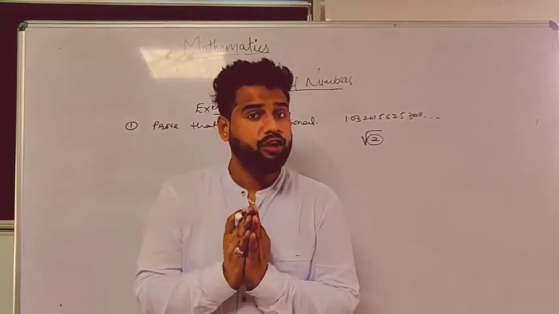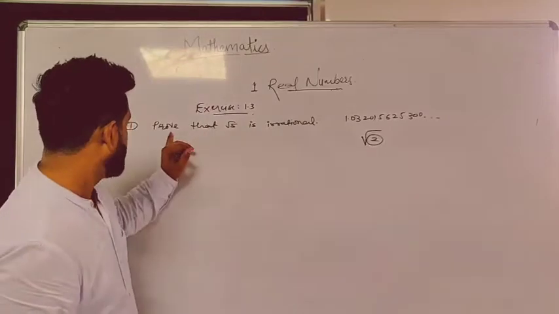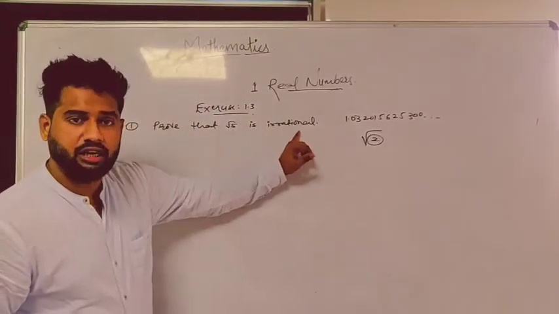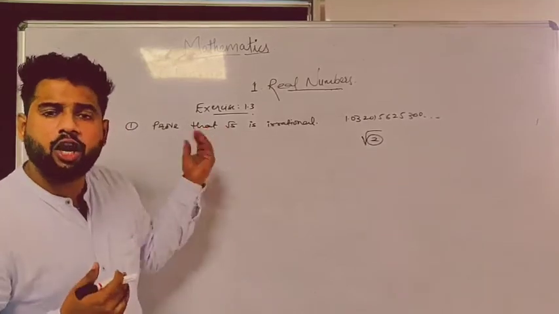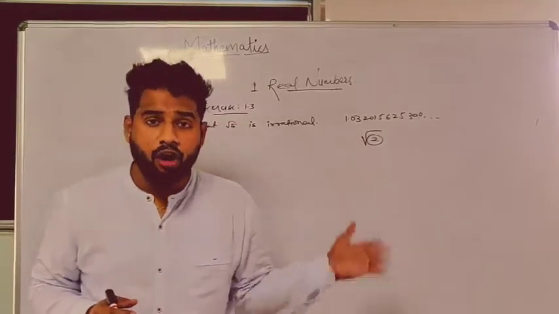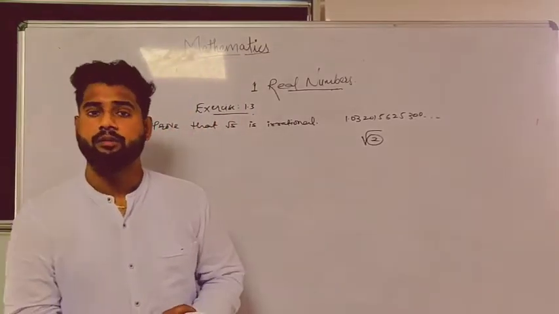But here you have to prove this statement: prove that root 5 is irrational. So root is there and a prime number is there, so obviously it is going to be irrational, but by following some procedures we have to prove it.